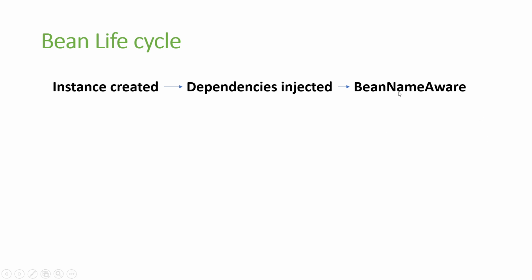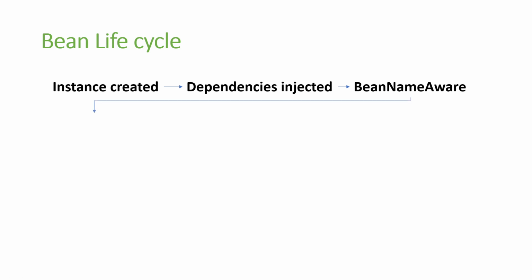If this particular class implements the BeanNameAware interface by overriding that method, then Spring will call that method. So once after injecting the dependencies, it will call the setBeanName method if the bean implements the BeanNameAware interface. This is interesting, right?